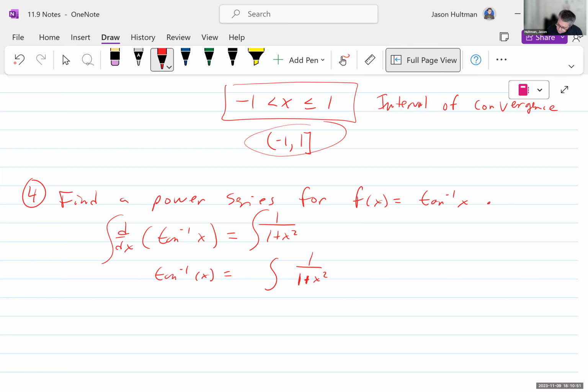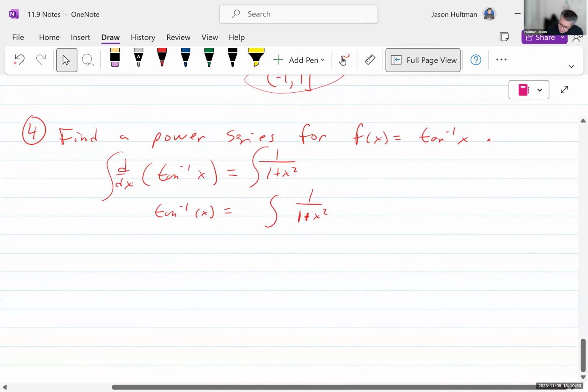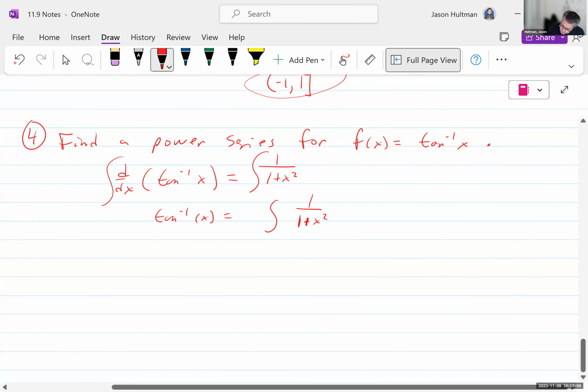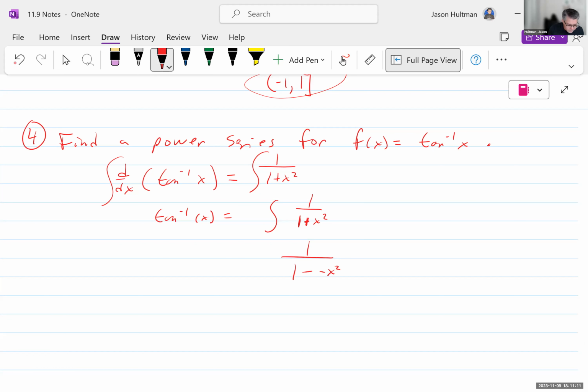And if we look at 1 over 1 plus x squared, that can really be written as 1 over 1 minus negative x squared, right? I feel like we've done this already.